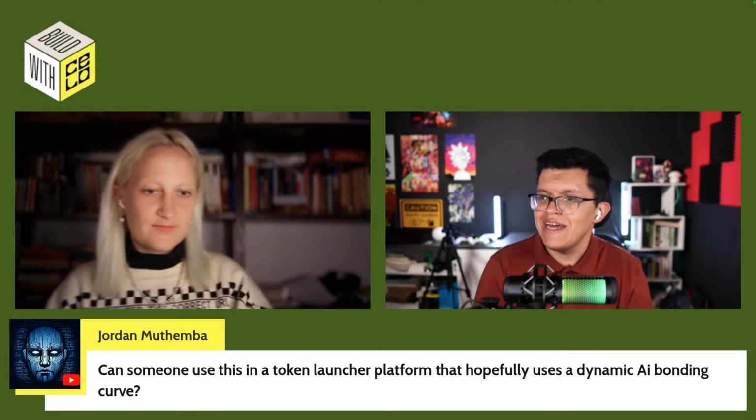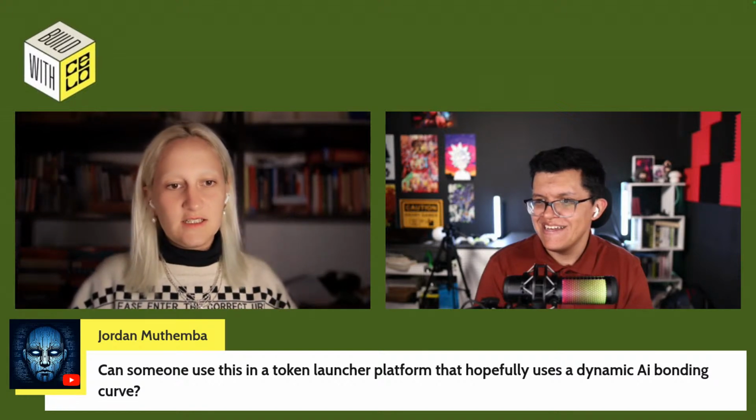It's going to be a token launcher platform directly within Telegram, connected to Nebula, that allows you to deploy tokens. The AI bonding curve, I'm so sorry, but I don't know what that means. Jordan, if you want to extend the question around the dynamic AI bonding curve, feel free.